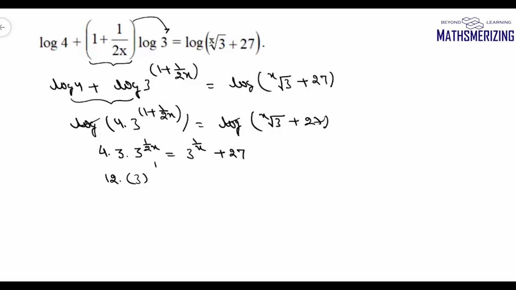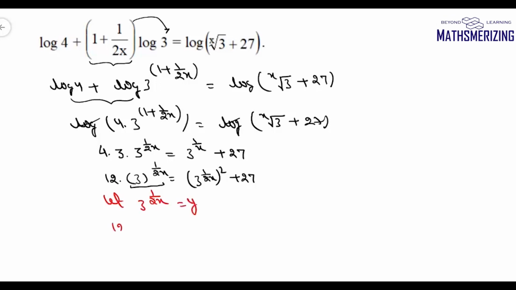This is 3 to the power 1 upon 2x. I can write this as 3 to the power 1 upon 2x square and plus 27. So now it has become quadratic in 3 to the power 1 upon 2x. So what I'll do is I'll let 3 to the power 1 upon 2x as y.